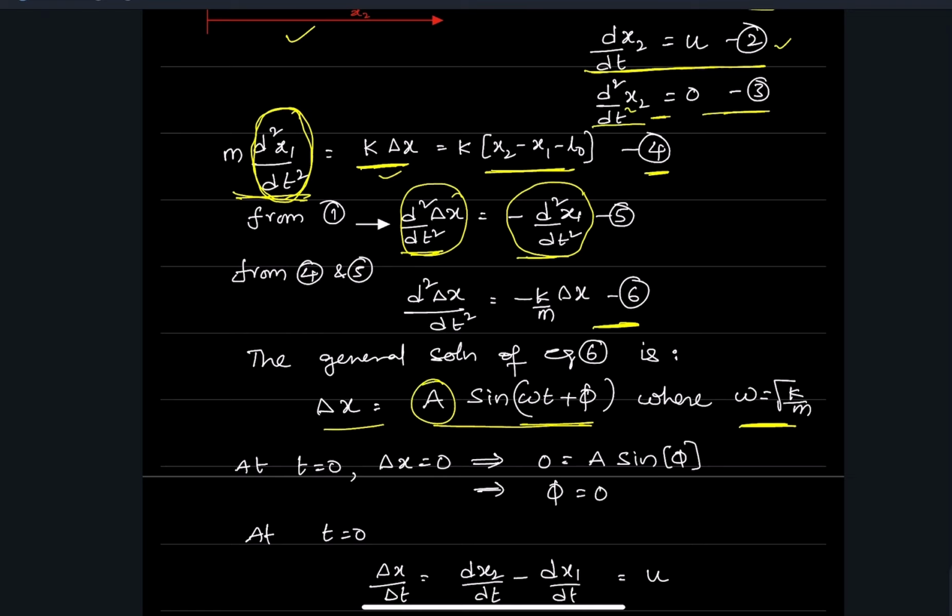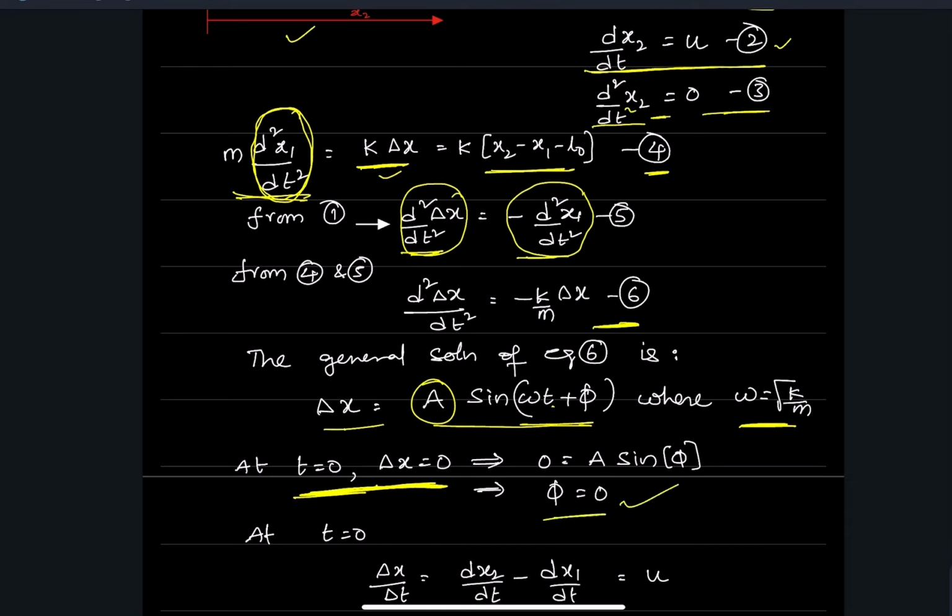Let us use some boundary conditions to get these values. At time t equals 0, the elongation delta x is 0. So 0 equals a sin phi, since t is 0 here, so I got phi equals 0.